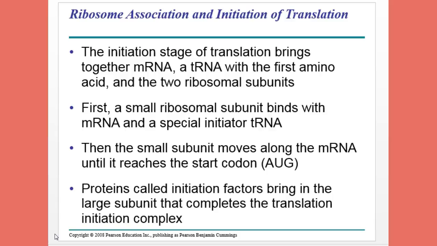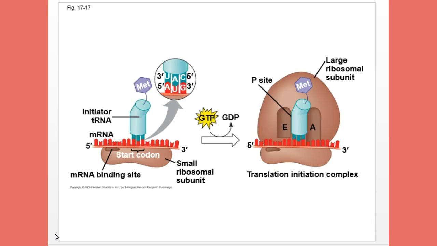First, a small ribosomal subunit binds with mRNA and a special initiator tRNA. Then the small subunit moves along the mRNA until it reaches the start codon, which is AUG. Proteins called initiation factors bring in the large subunit that completes the translation initiation complex.